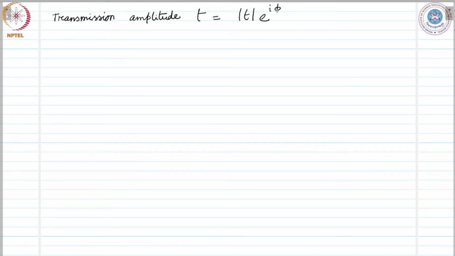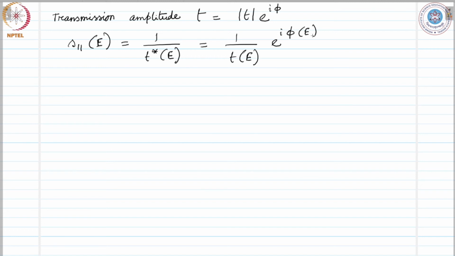So, this is the expression of T in its polar form. If we do that, we can write S11, which is a function of energy, as 1 over T star, that is also a function of energy, equals 1 over the modulus of T e power i phi, which is also a function of energy.